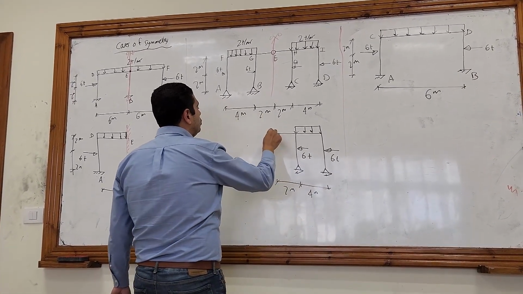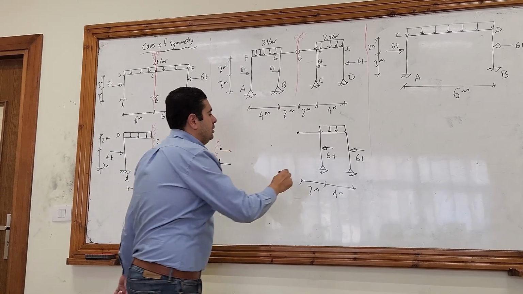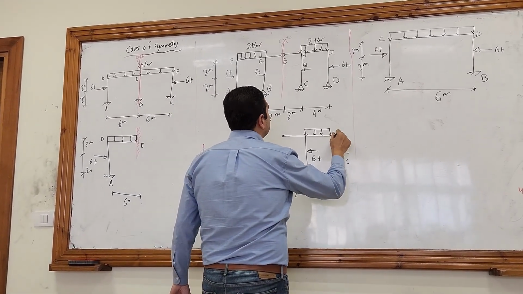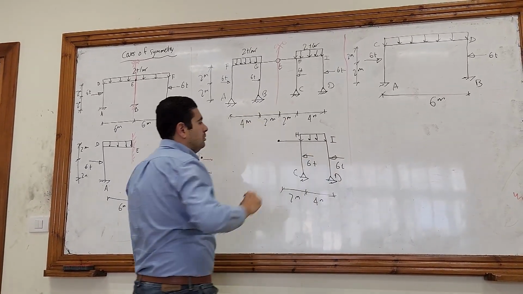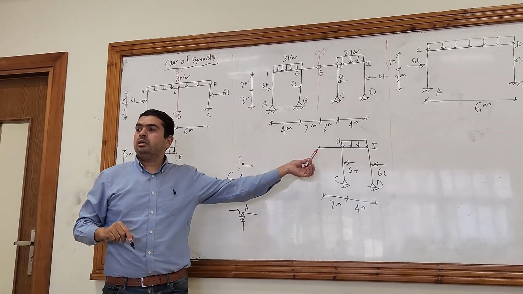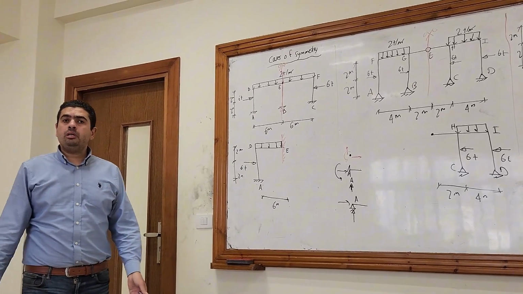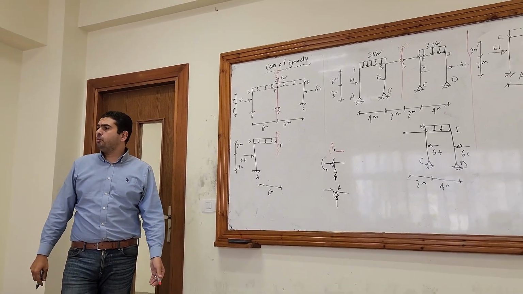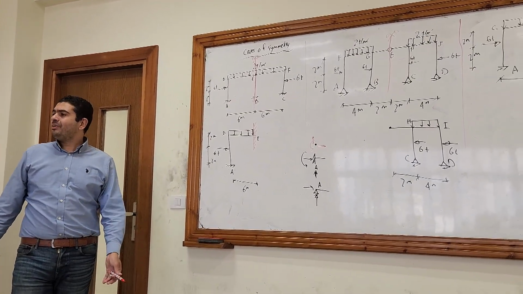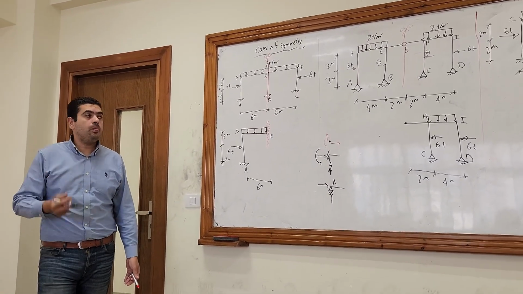But what will you do at point E? What will we put here? Will it be free? Or will it be roller? Or will it be hinged support? Or will it be fixed support? I have to think. Okay?